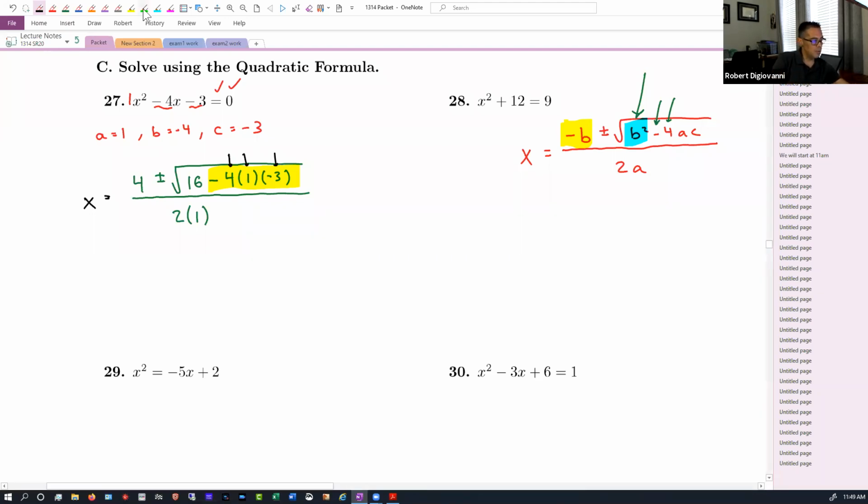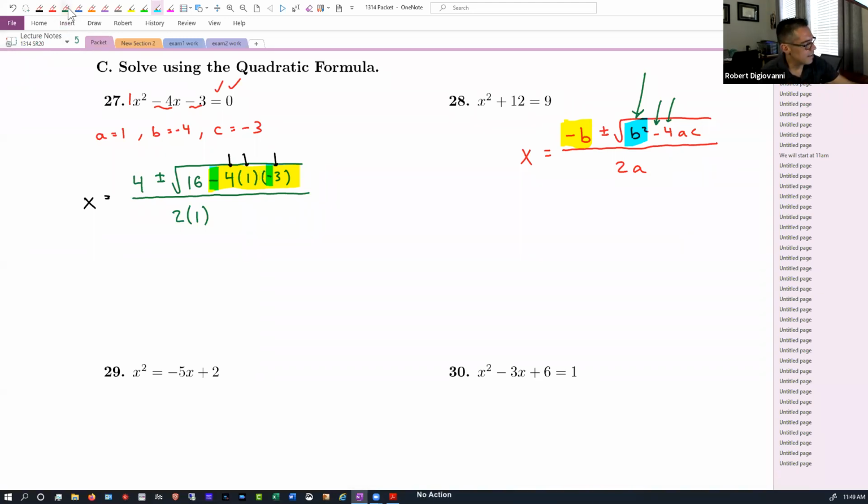I want you to look at the number of minus signs you have. We have 2 minus signs, don't we? If you have an even number of minus signs, your answer is positive. If you have an odd number of minus signs, then your answer will be negative. We'll do another example and you'll see what I mean. So even, you'll have positive, odd, you'll have negative.